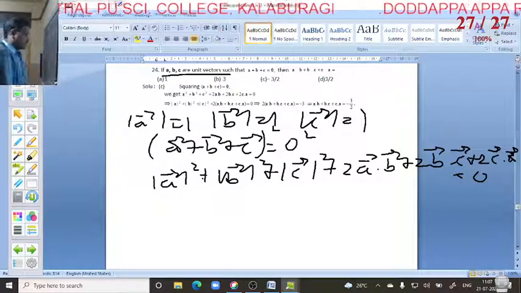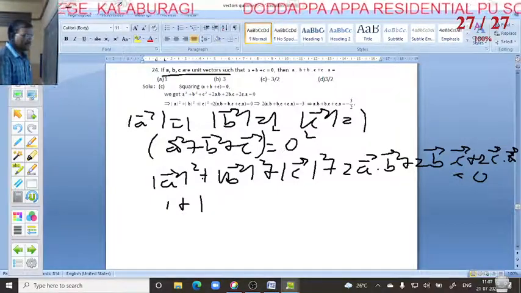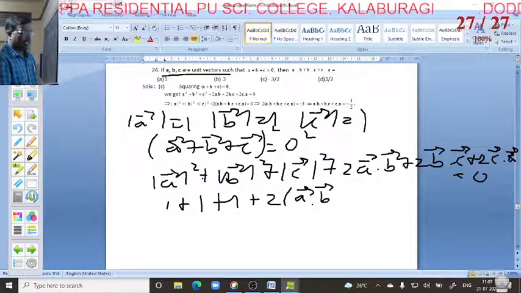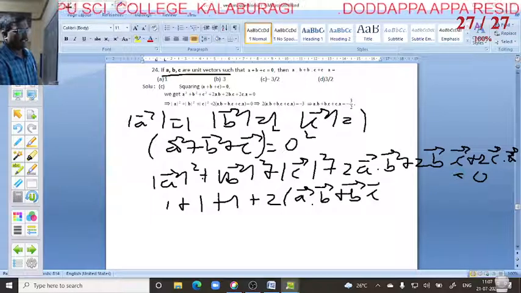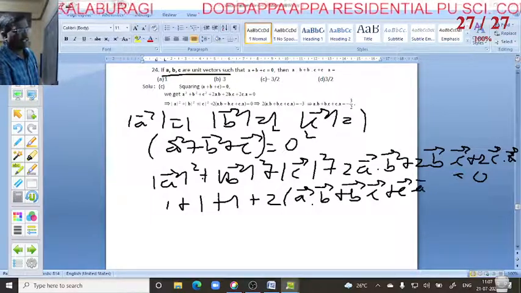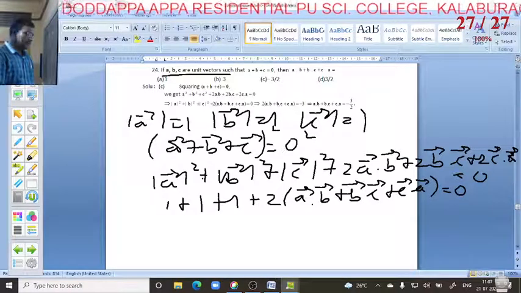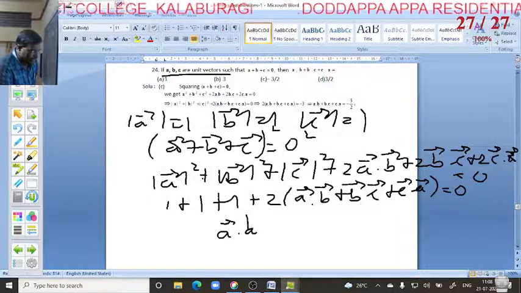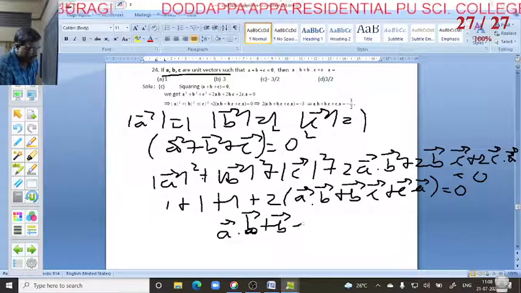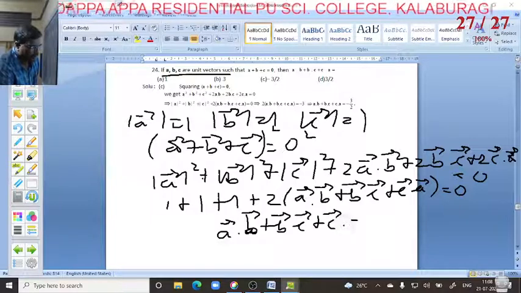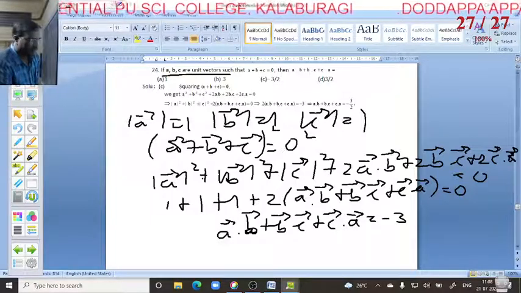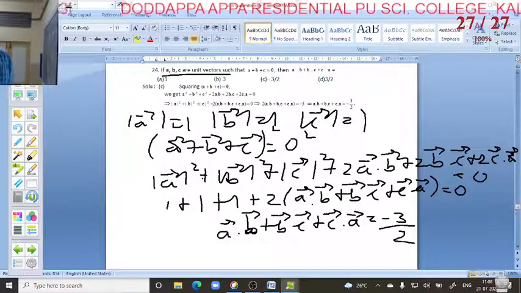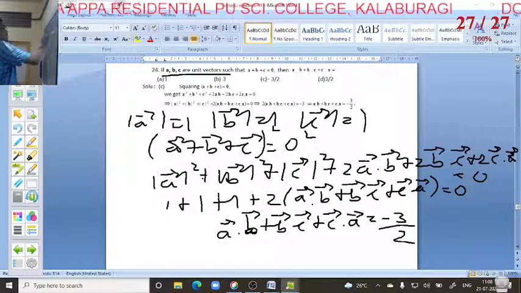Magnitude of a square is 1, b square is 1, c square is 1, so 1 plus 1 plus 1 is 3. Taking 2 common, vector a dot b plus b dot c plus c dot a, and moving 3 to the other side gives minus 3, divided by 2: minus 3 by 2. Very important.